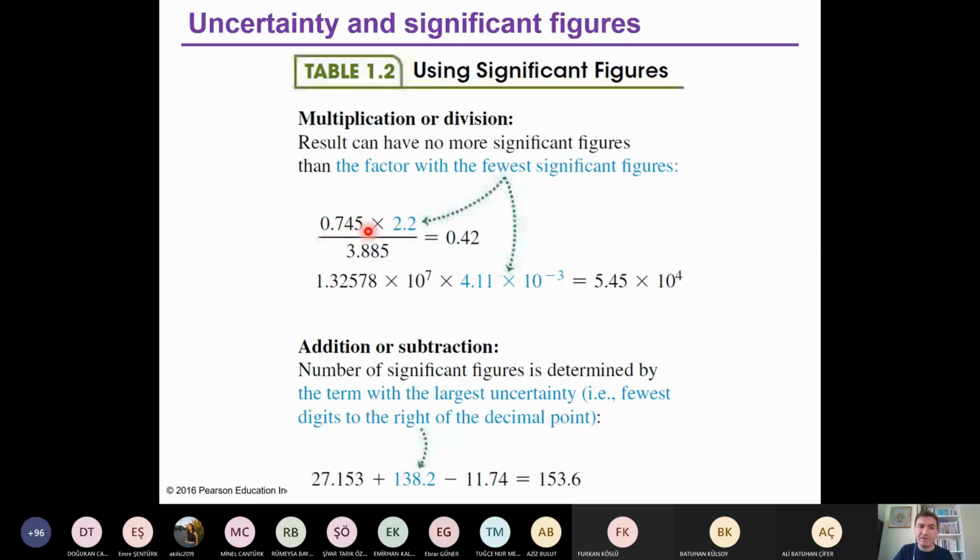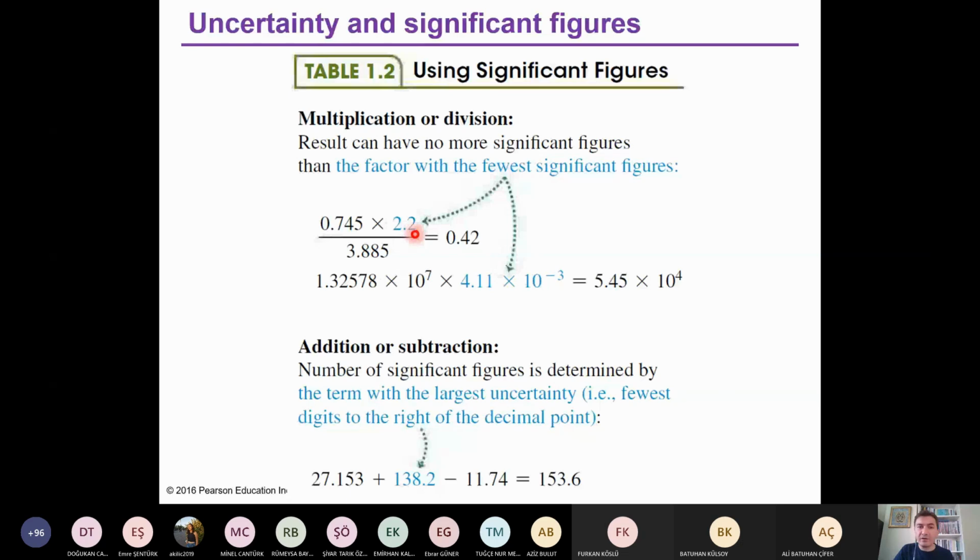So here significant figures 2. Here I can measure precisely 3 digits after the point, but here I cannot measure precisely. 2.2. Okay, uncertainty is 0.1.